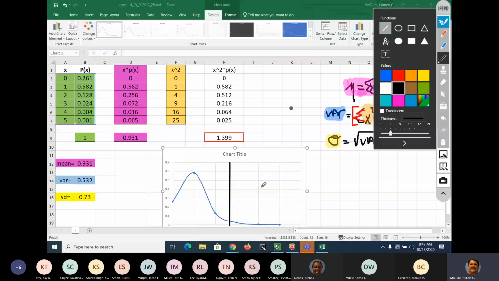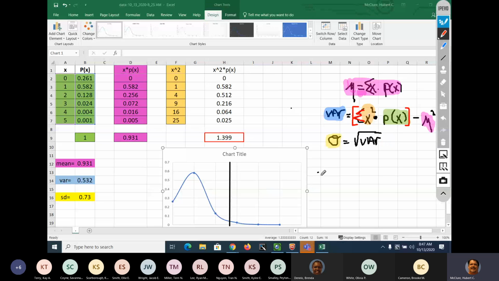It's skewed right because the data is on the left-hand side. All the data is on the left, so when you draw a picture of the data, it's skewed right, because the data is on the left side of center.